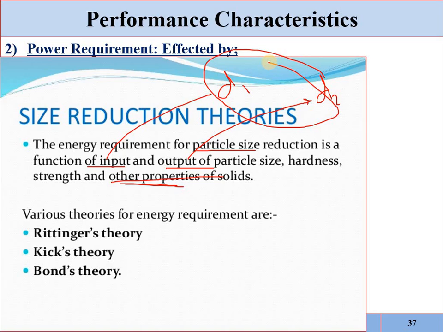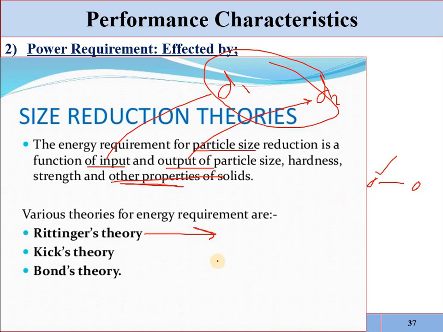Mainly we have 3 different theories which are used for the determination of energy requirement. The Rittinger theory states that the energy required per size reduction is proportional to the change in the surface area of the pieces of food. Suppose you have a food product, what is its surface area before the size reduction and what is its surface area after?